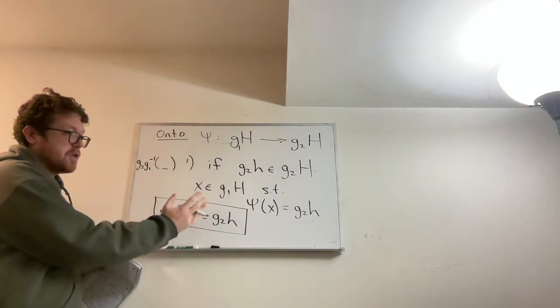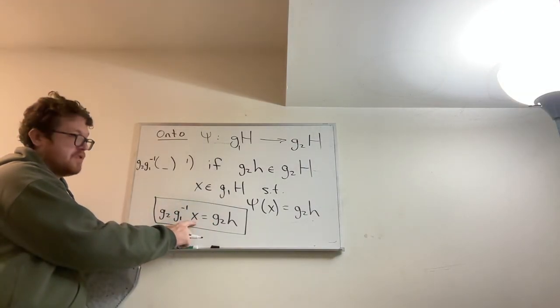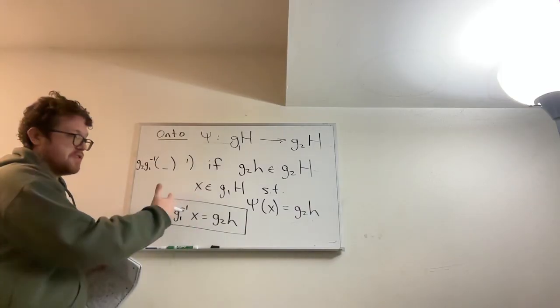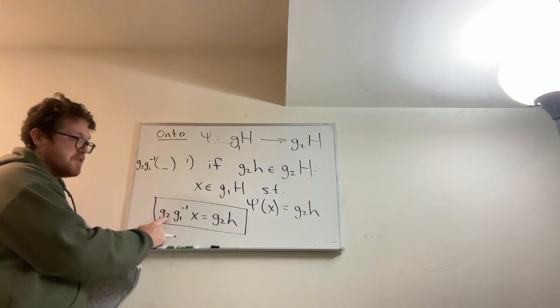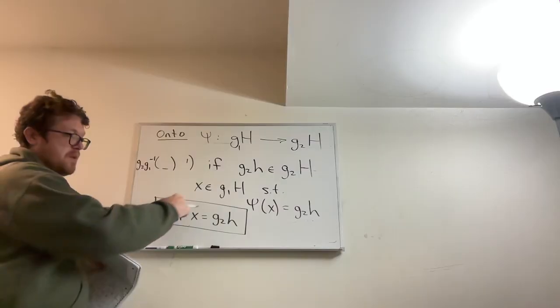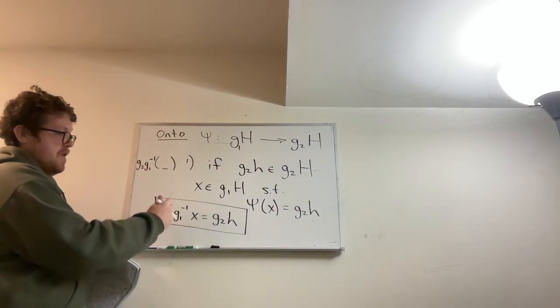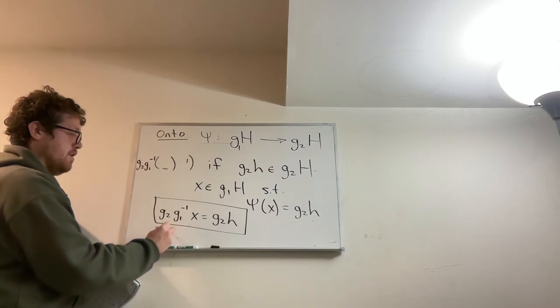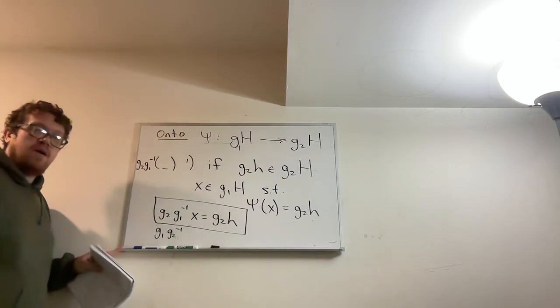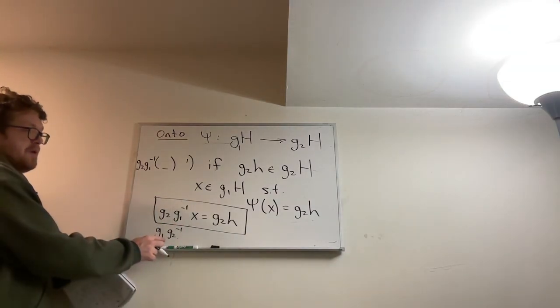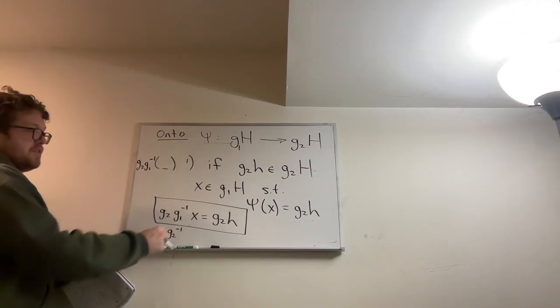And equations in group theory are very easy to solve because everything has inverses and everything's associative. So if we want to cancel something on the left, we can just multiply by the inverse of this. So the inverse of G2 G1 inverse is going to be G1 G2 inverse in that order. And so we just multiply by this element on both sides.